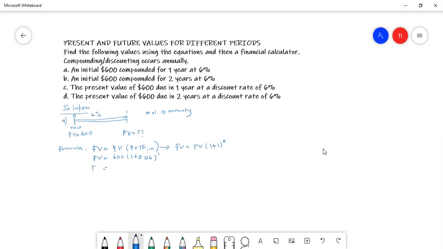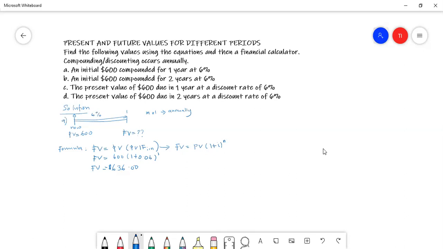So now you can find the future value. The future value should be around 636 dollars.